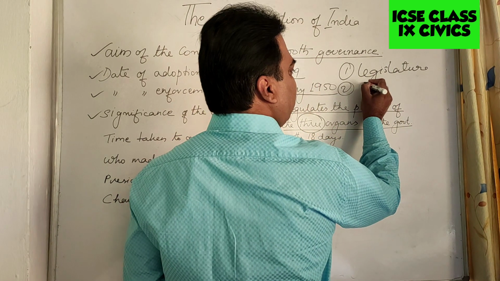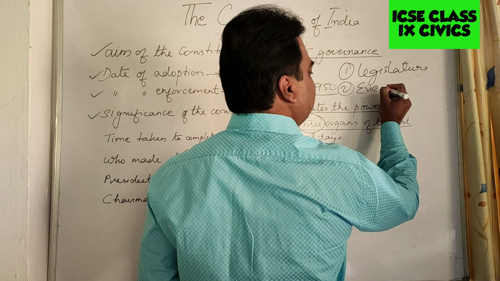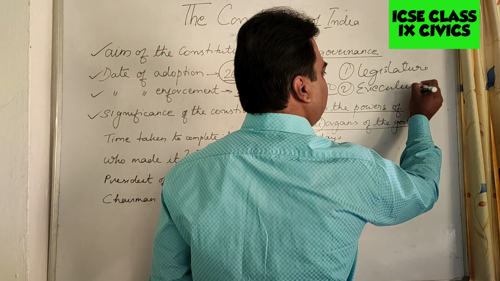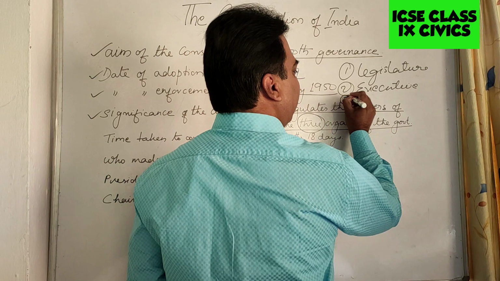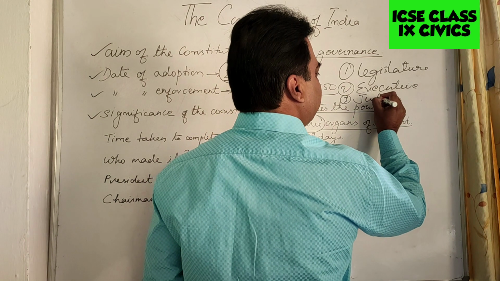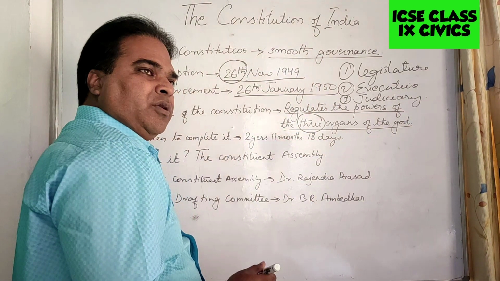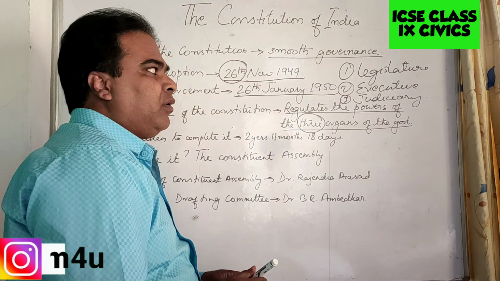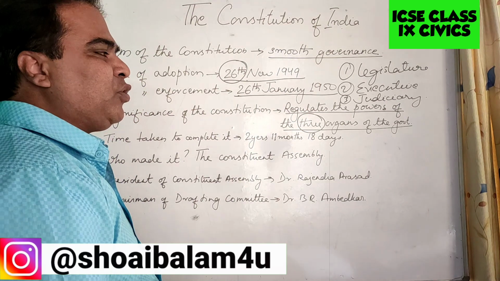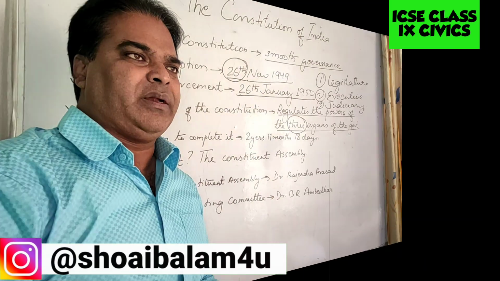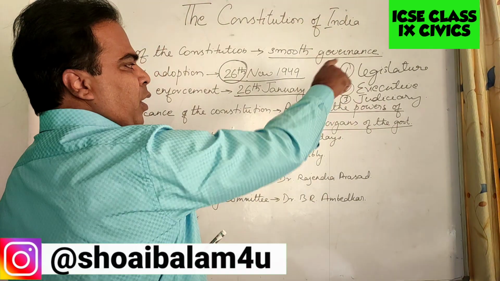Number 2, executive. Number 3, judiciary. Don't say that you haven't heard this before. So legislature, executive and judiciary are the three organs of the government.